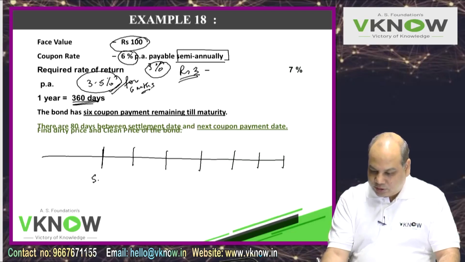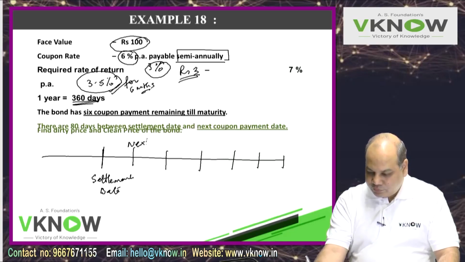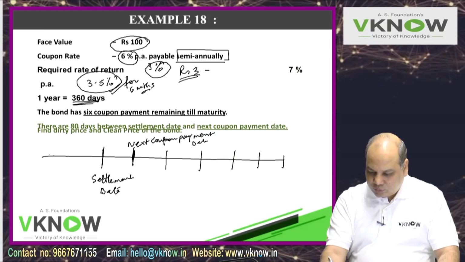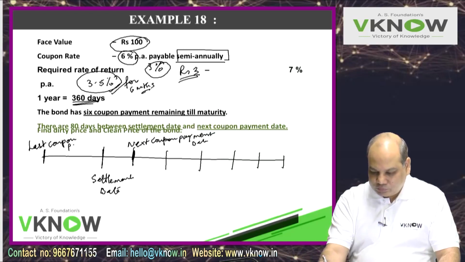This is settlement date. And this is your next coupon payment date. And this is, you can say, last coupon payment date.